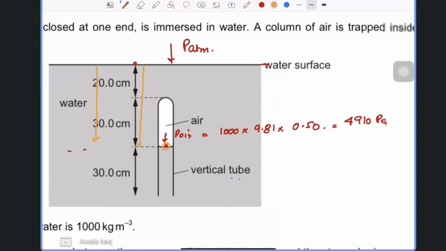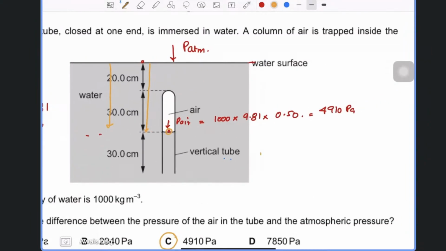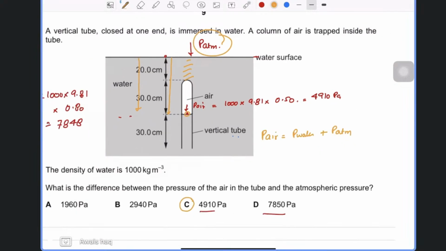Okay. Now think about it, please. Can we say the pressure of air that we have found is due to the pressure of water, which is above it, plus the pressure of atmosphere, which is also above it? Do you understand? Yes. Now, what do they need?